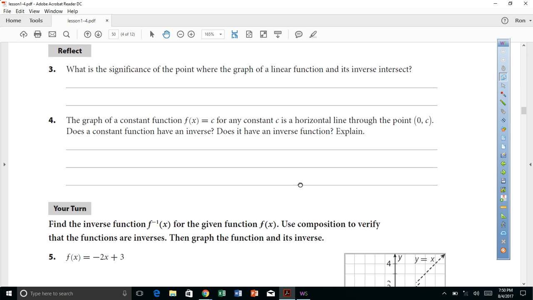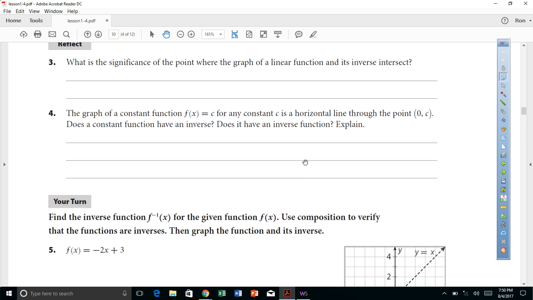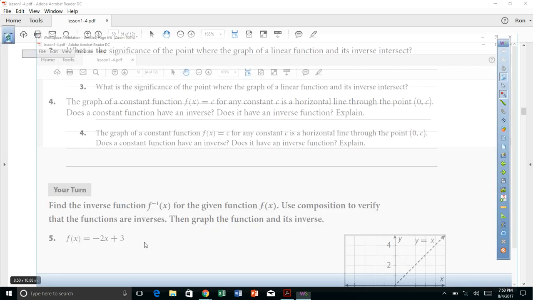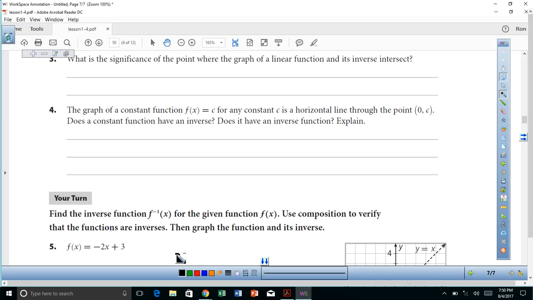Number 3. What is the significance of the point where the graph of a linear function and its inverse intersect? Well, let's see here. The lines intersect on the line y equals x. They always intersect there.